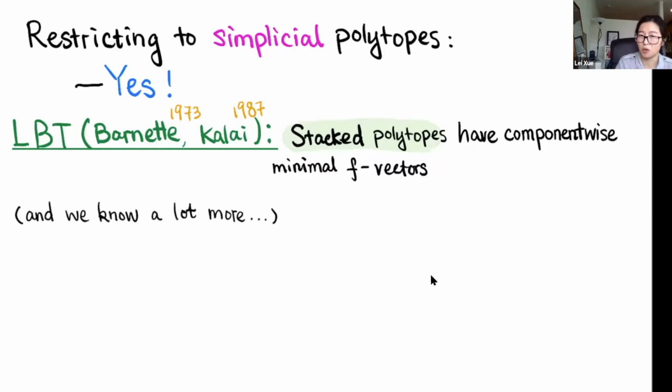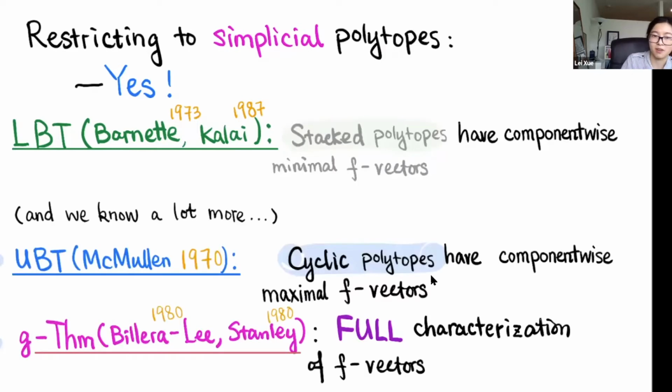And we know a lot more about this family. We also know the other side of the story, which is the upper bound theorem proven by McMullen in 1970, which says cyclic polytopes have the component-wise maximal f-vectors.